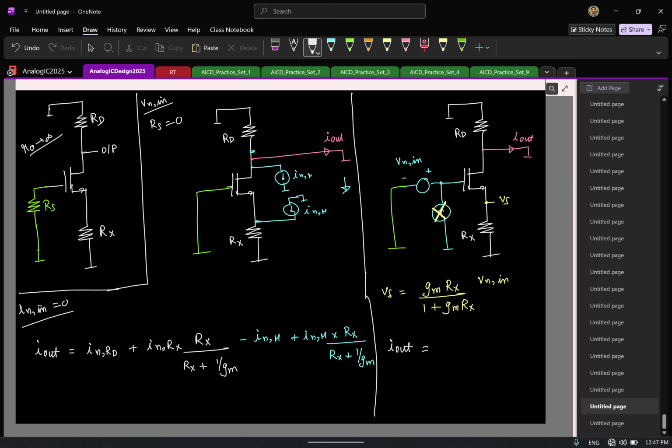It is Vs by R, or? So this basically becomes minus gm by 1 plus gmRx. I'll write it clearly. Directly write it: this is going to be minus Vs by Rx, so this is minus VNN.